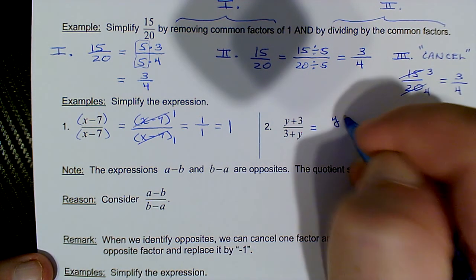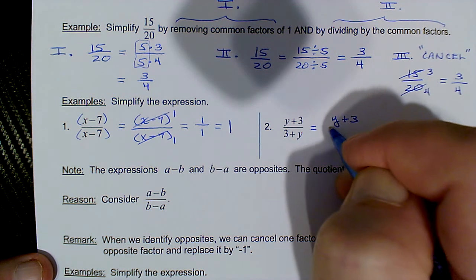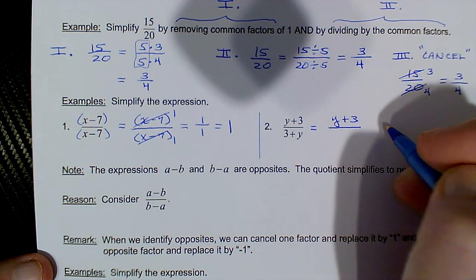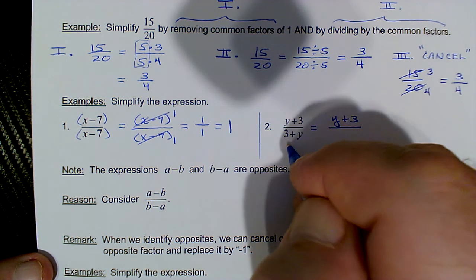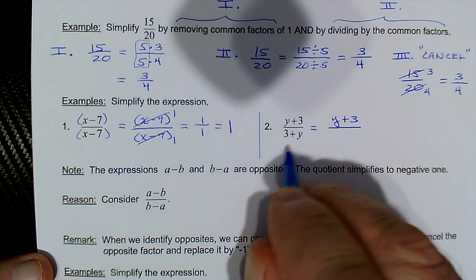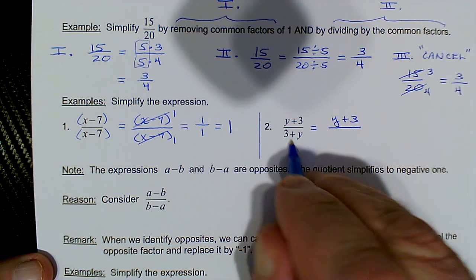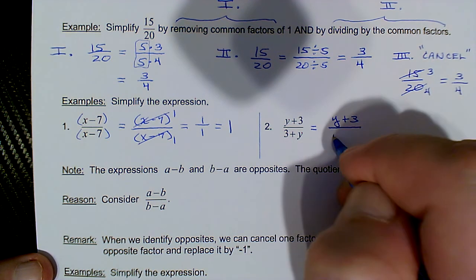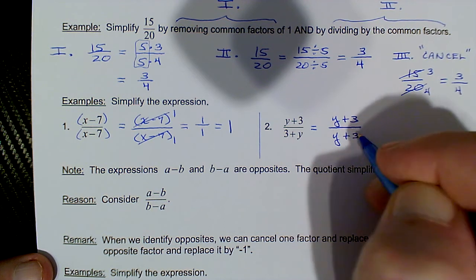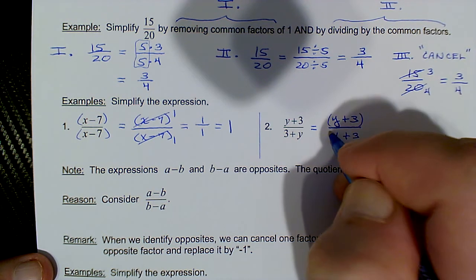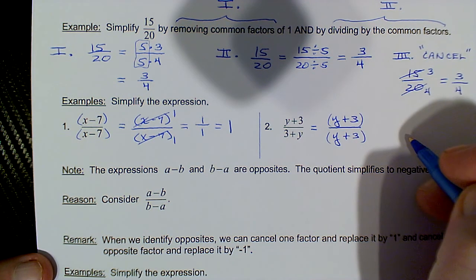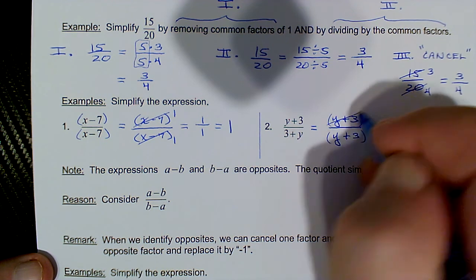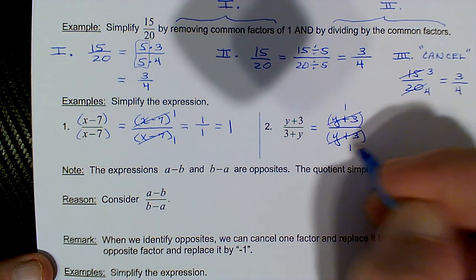That is, I'll leave the y plus 3 in the numerator, but by the commutative law of addition, I could reverse the order of 3 plus y and write it as y plus 3. And then we have the same situation as the previous example, where we can cancel the common factor. And there's no need to write 1 over 1. You could just simply go right to the 1.